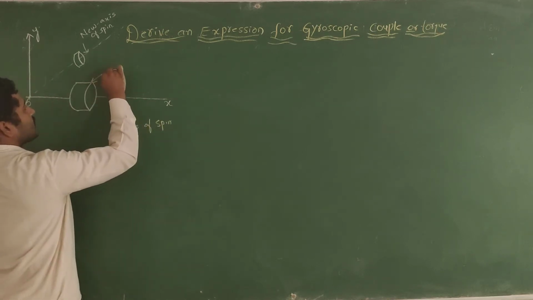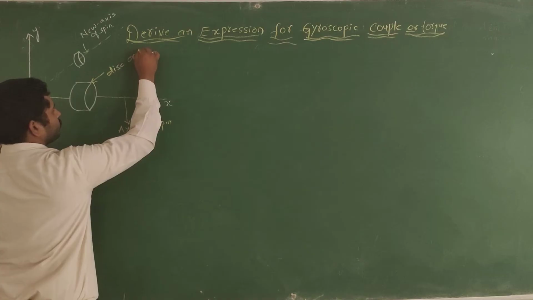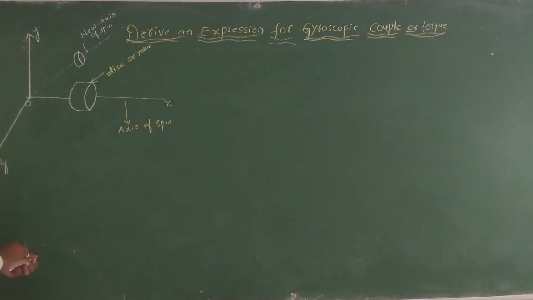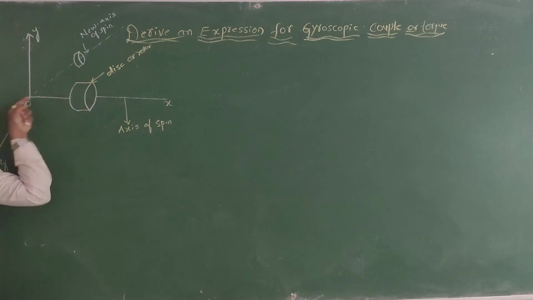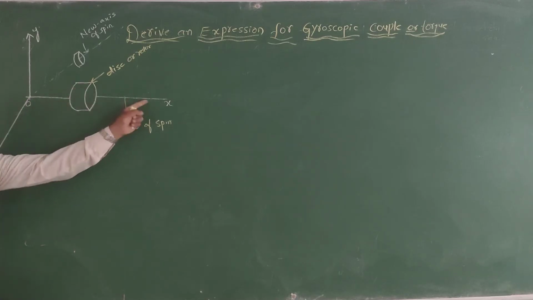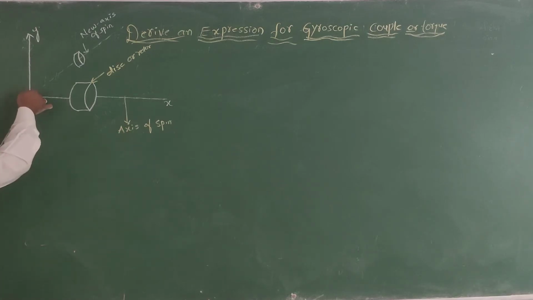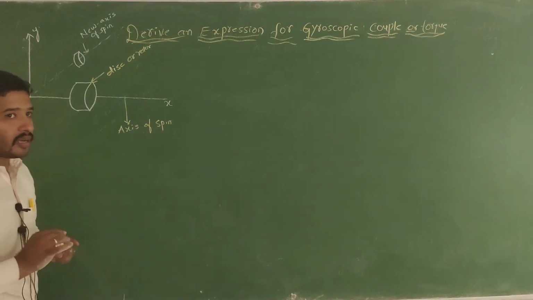This we can call the disc or rotor. OY we know as the axis of precession.